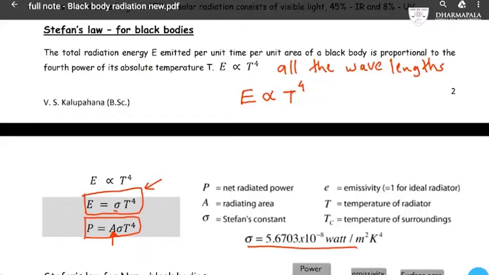The difference between E and P is that E is the total energy emitted per unit time per unit area, that is, per 1 square meter and per 1 second. P is the energy emitted per 1 second only, not for 1 square meter, but from the entire surface.